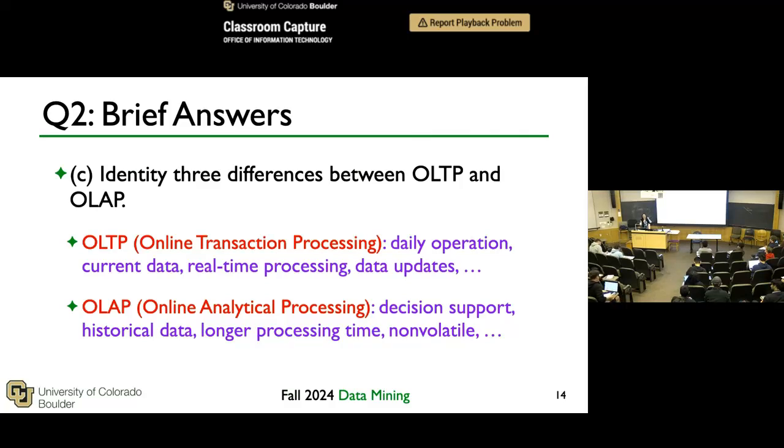The size is different, the processing time is different. Non-volatile is another one we highlight, because when you're trying to pull insights from your data, you want to keep what you have and keep the intermediate results instead of writing in place, okay? Those are just a few things.